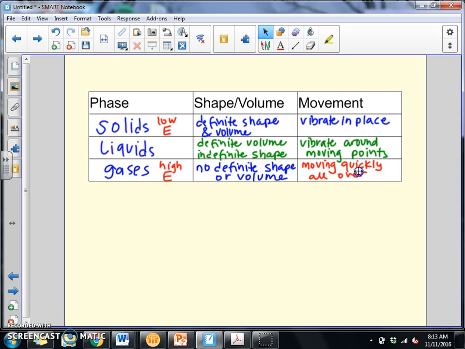They're moving quickly all over the place. But when we take energy away from the toddlers, they've burned out all their energy, they're just kind of vibrating in place. They're sleeping, and they might roll over, but they are staying still. They have low energy. They can't move. And so that's all what the kinetic molecular theory is trying to discuss there.